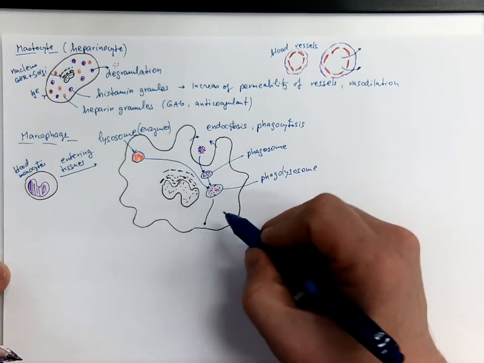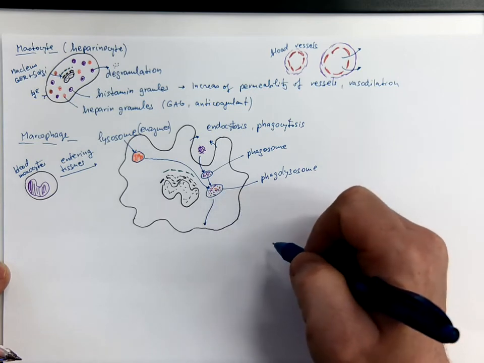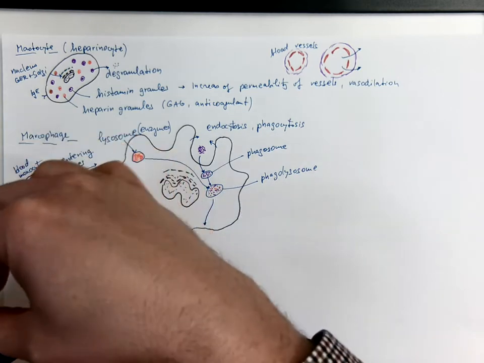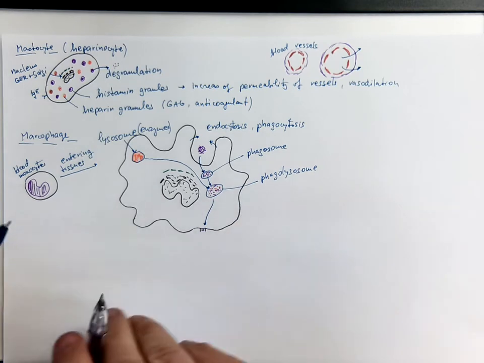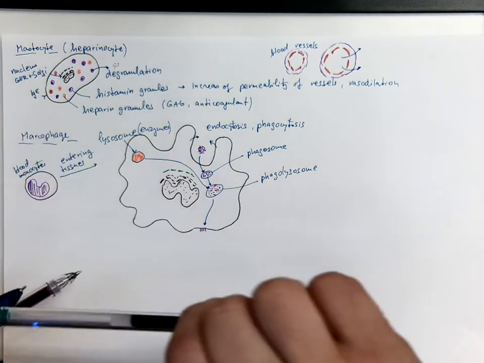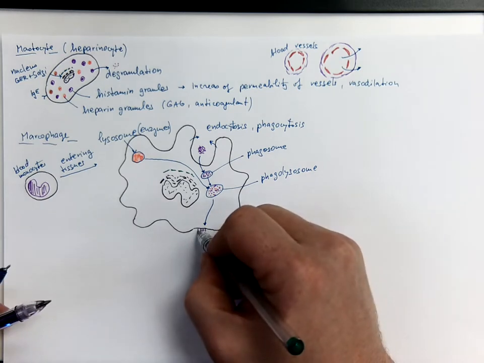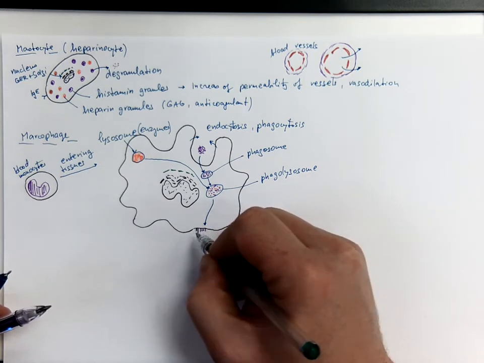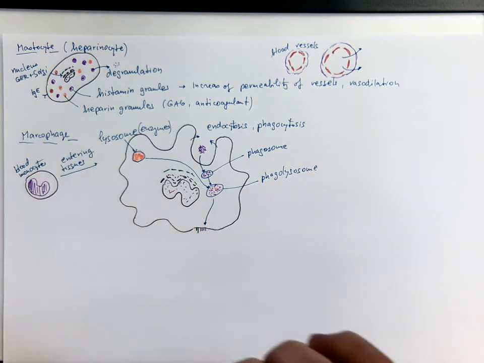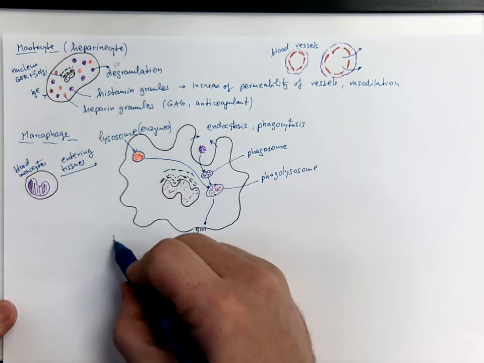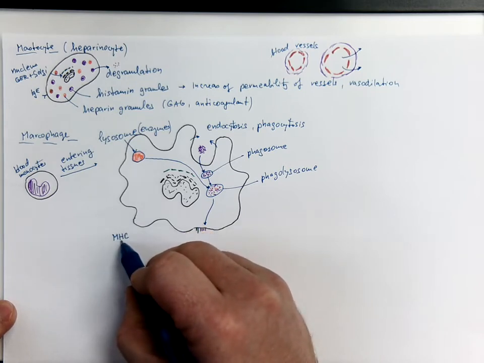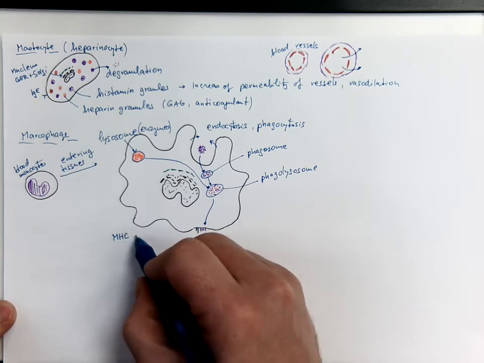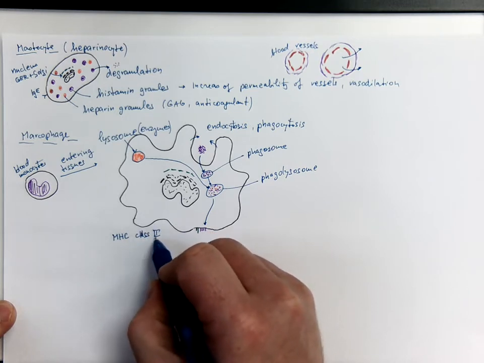However, fragments resulting from this partial autolysis are exposed on the surface of the macrophage. If this occurs in the context of so-called MHC class II molecules, where MHC stands for major histocompatibility complex.